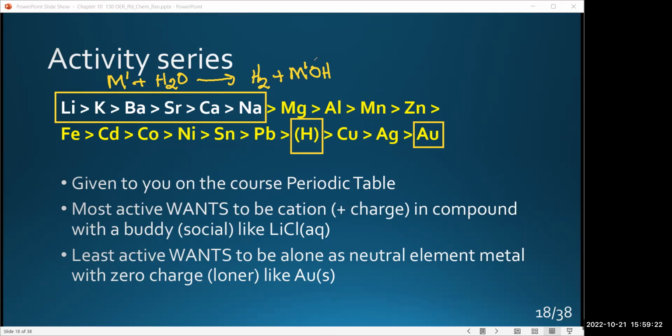Now, the other species, starting with magnesium and going all the way to lead, are not as reactive as the ones in white. They require a little bit more acidity to get them to react.